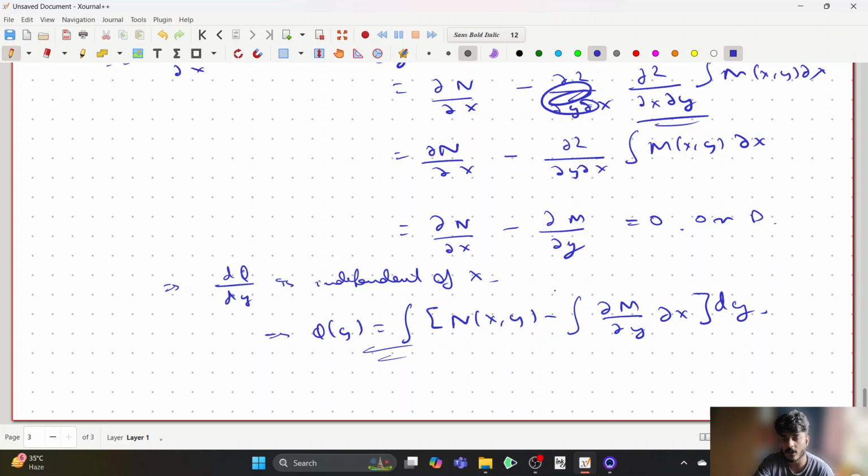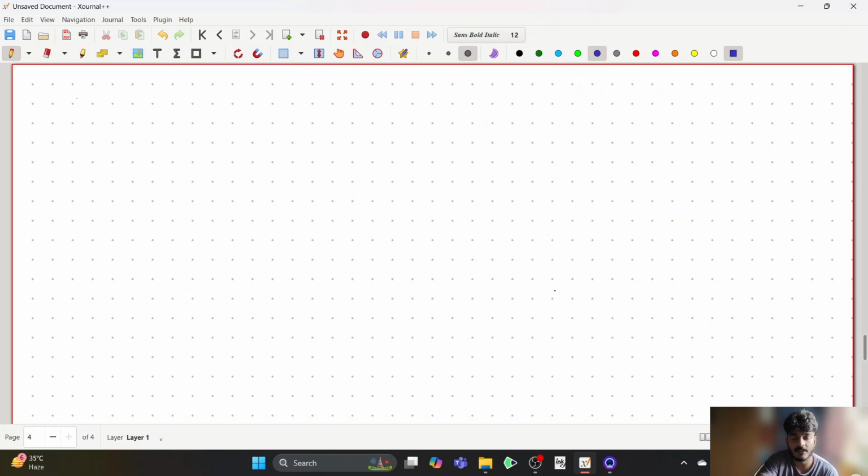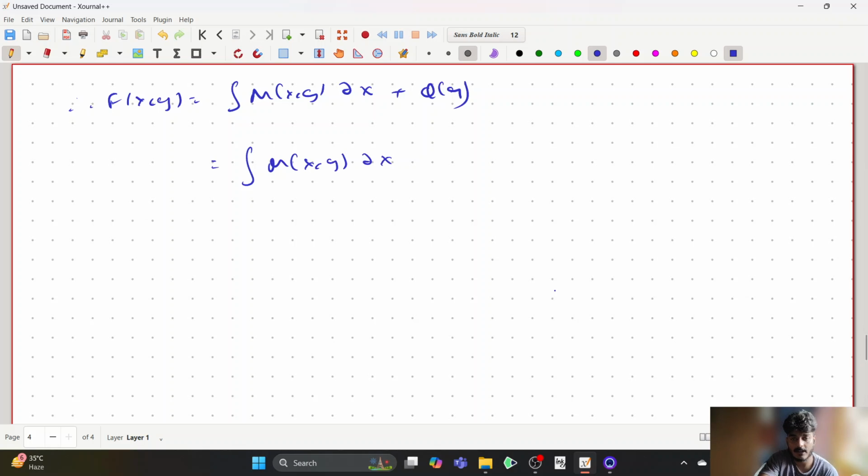Fine. And once we get hold of phi(y), recall how we had structured f. Therefore f(x,y), which was given to be the integration of m(x,y) del x plus phi(y), is just the integration of m(x,y) del x plus the integration of n(x,y) minus integration of del m by del y del x, whole in terms of dy.